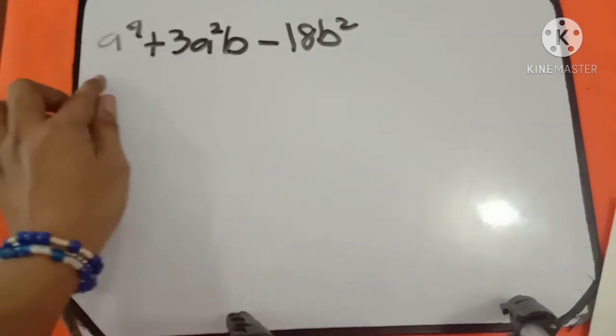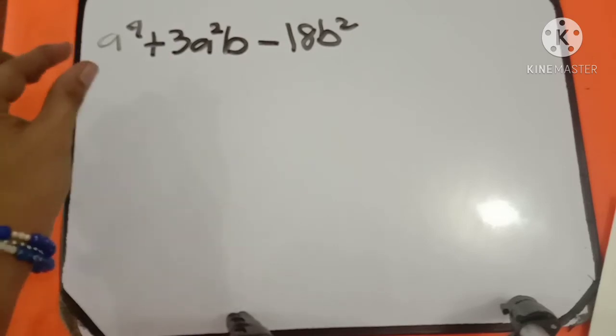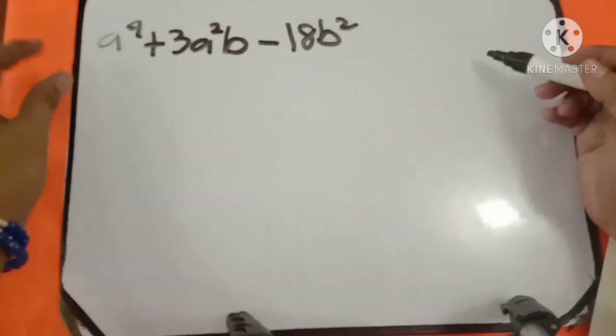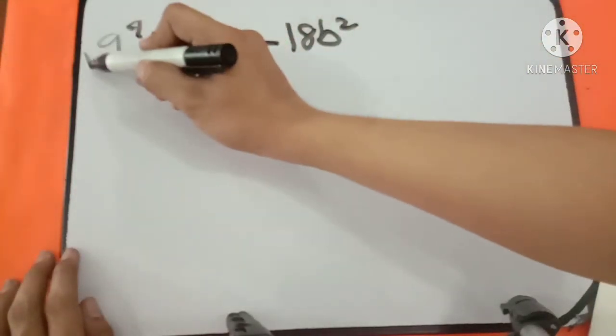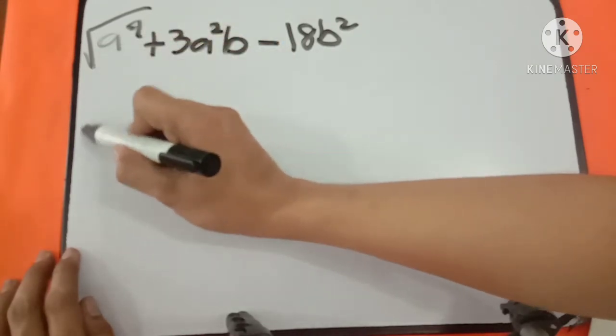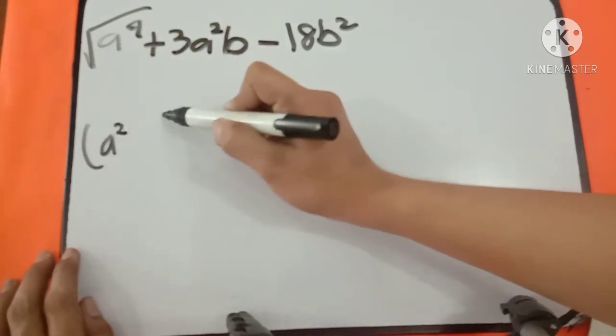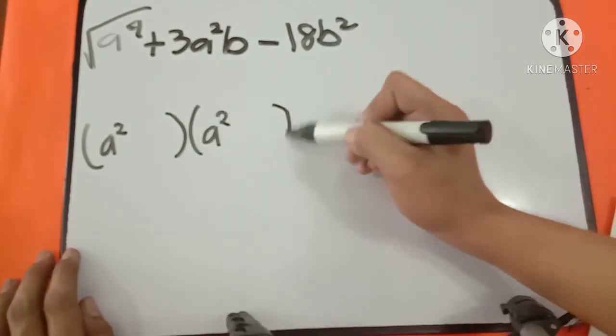So just focus on the idea in such a way that you will not get confused. Our first step is to get the square root of the first term. The square root of a raised to 4 is a squared. And that is our first term of the factors.